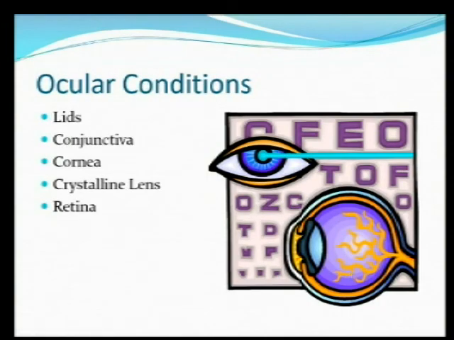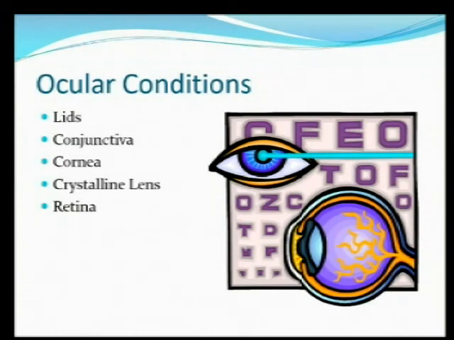Okay, so after our review of the anatomy of the eye, now it'll make a little more sense, hopefully, as we talk about some of the ocular conditions that may impact someone's ability to wear a contact lens. And what we'll do is we'll break it down based on where the condition is located.